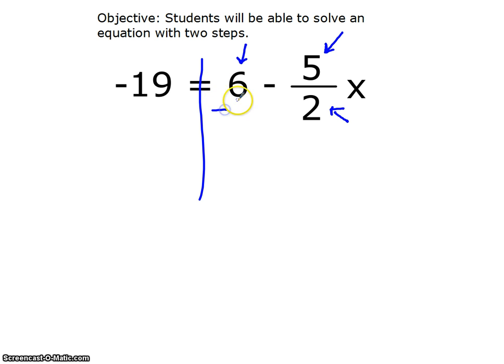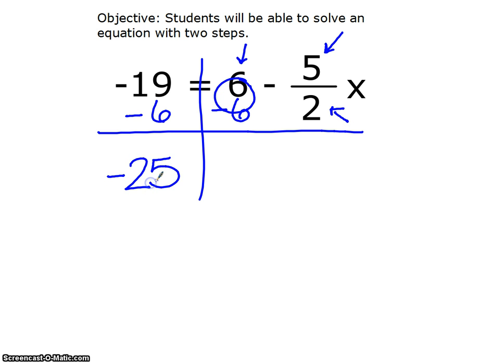So I'm going to subtract the 6. 6 take away 6 is 0. And what's left? I've got negative 19 minus 6 is negative 25. More negatives. I'm going to bring down this symbol. Negative, and then the 5 over 2, and then x.